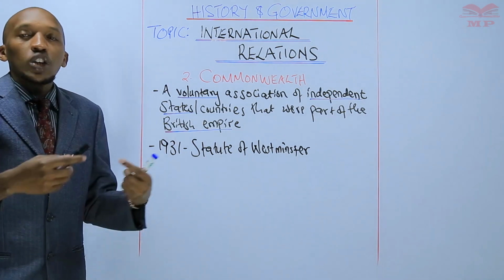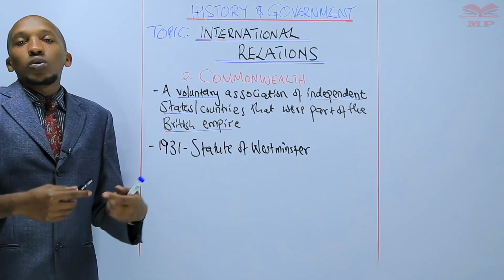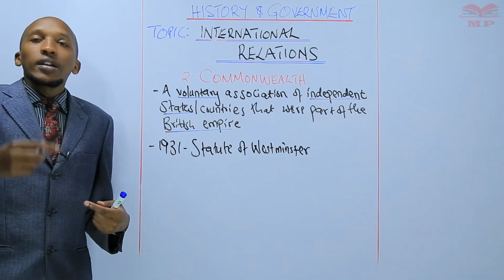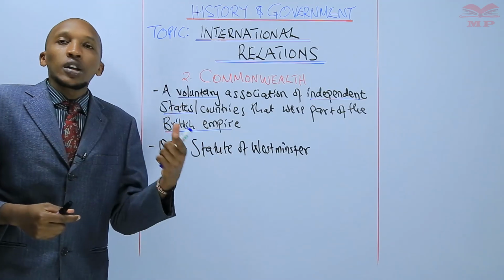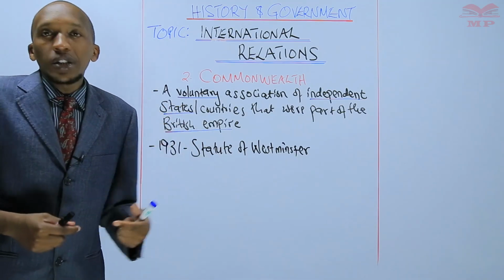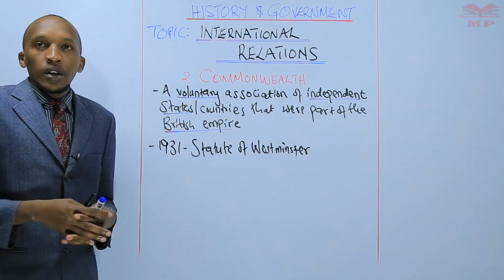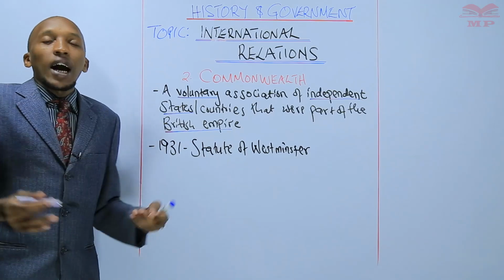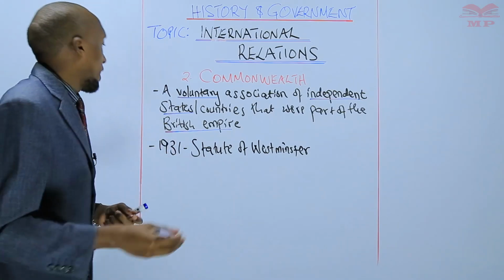citing that the dominions that were part of the British Empire could stand on themselves. And this statute stated that no act of parliament of Britain could be instituted on another country unless the parliament of that country had accepted that act of parliament.